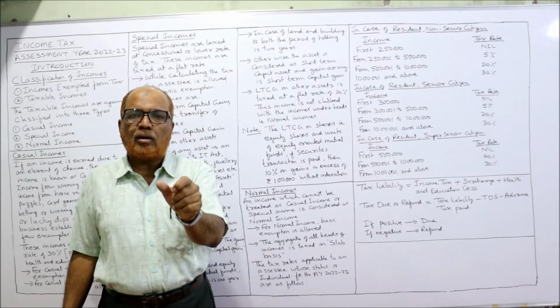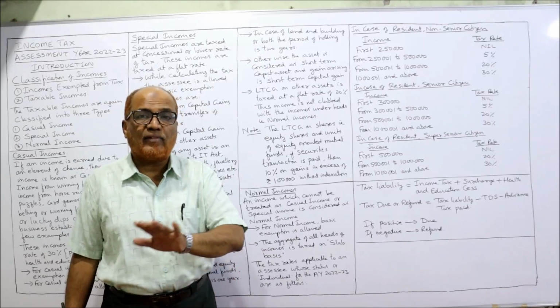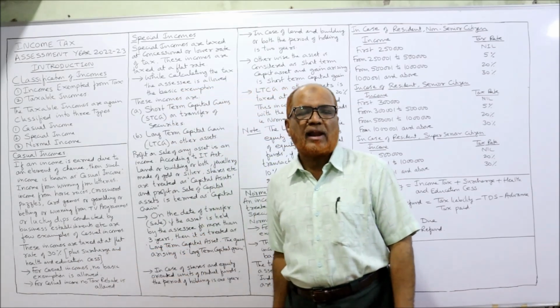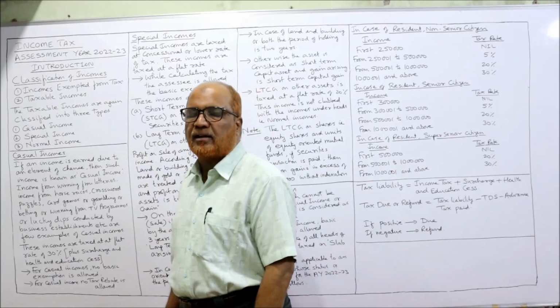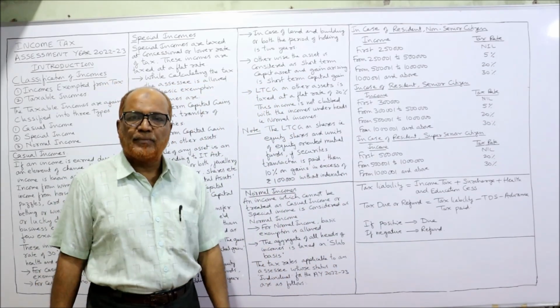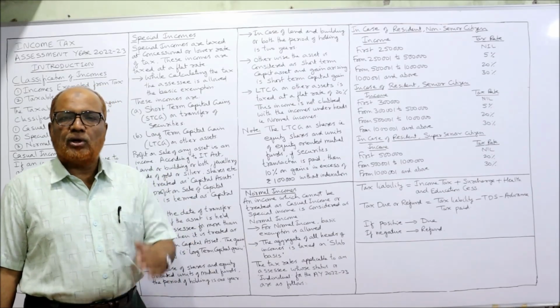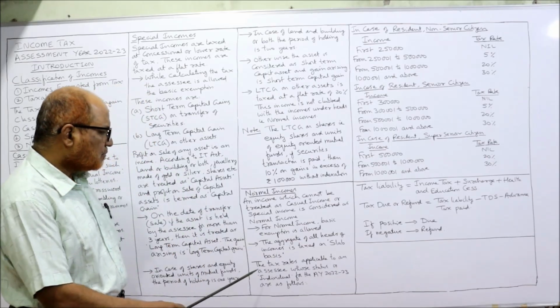The total normal income is taxed on slab basis, not flat rates. Here casual income is at a flat rate of 30%, and special income is taxed at a flat rate of 20%. But in normal income, the slab system will be applied. The different slabs will have different rates.